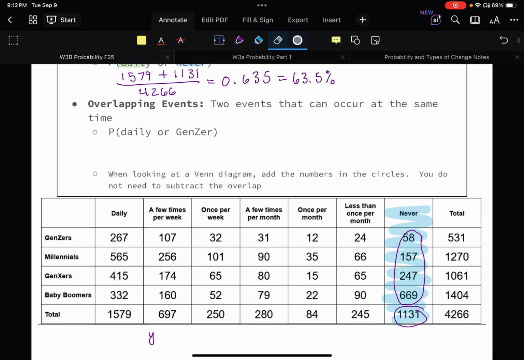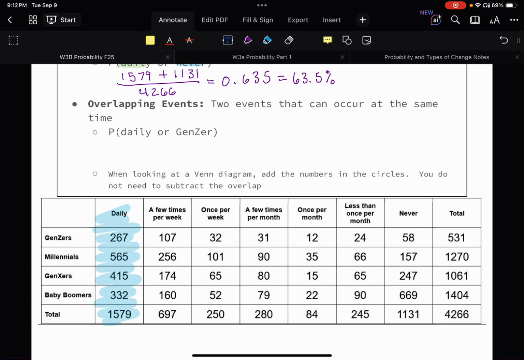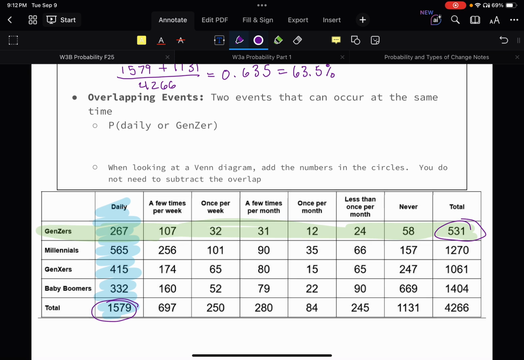If we erase everything here, and I say, okay, well, here are my daily, and then I have my daily or Gen Zers, and I go, oh, I can do the same thing. I'm going to add my total 1,579 and my total of 531, and I'm done, right? And I might be feeling great about that, but there's a problem.